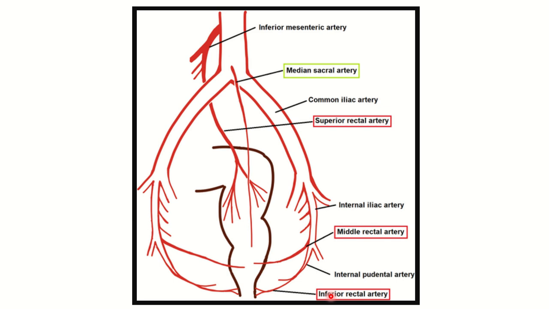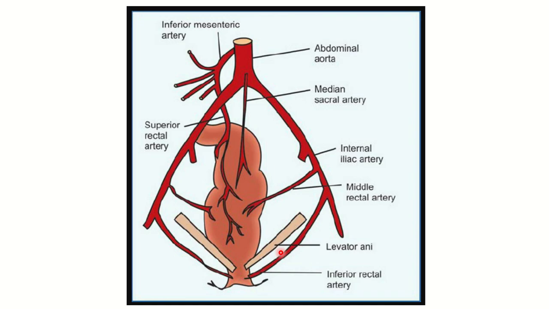And the last one, the inferior rectal artery, arises from the internal pudendal artery, and this internal pudendal artery is a branch of the internal iliac artery. This is another picture, and it is very clear that this is the superior rectal artery. The superior rectal artery arises from the inferior mesenteric artery.